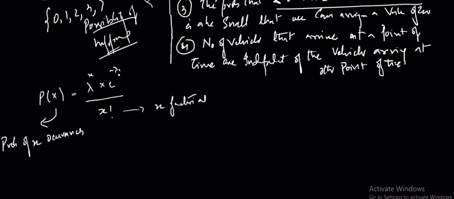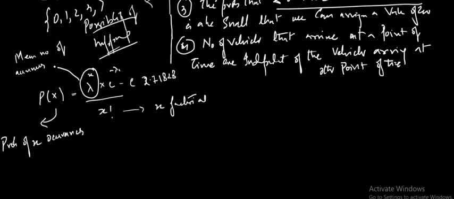Here e takes the value 2.71828 and is raised to the negative lambda power, and lambda means the mean number of occurrences, raised to the x power.